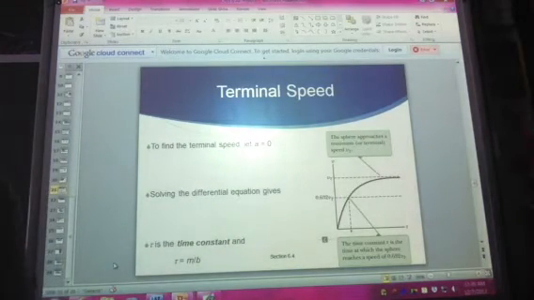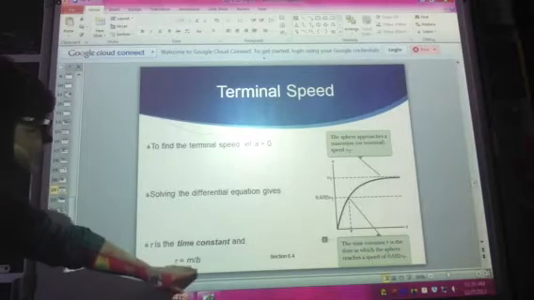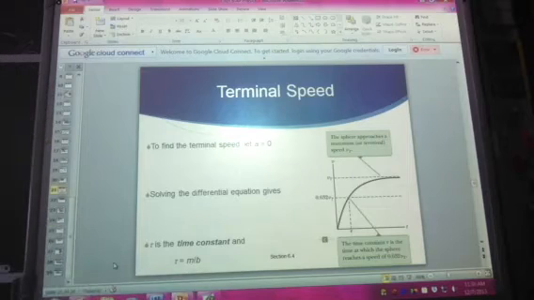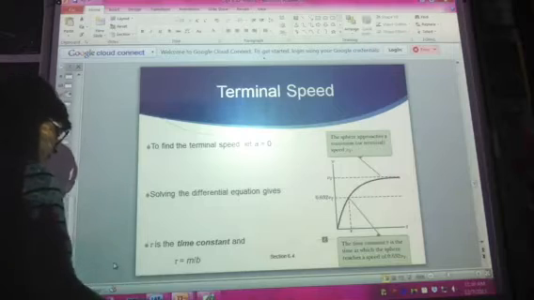That time constant is the time it takes for something released from rest to reach a certain amount of its terminal speed. We can find our time constant by using the equation τ = m/b. So we can always calculate our time constant. And t, time, is just going to represent the time it takes to get to that speed.